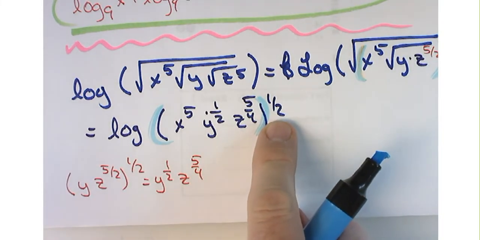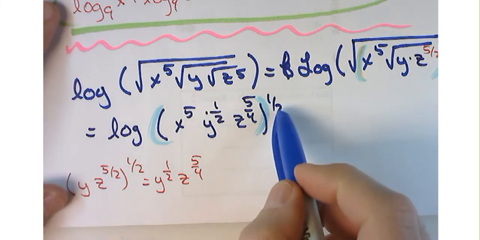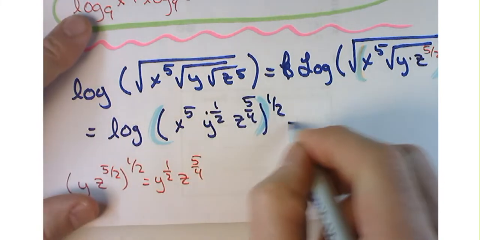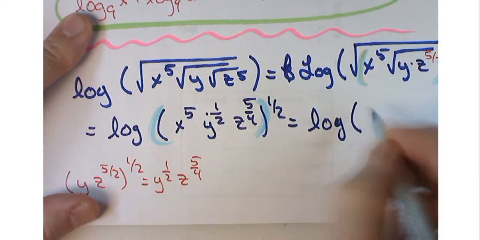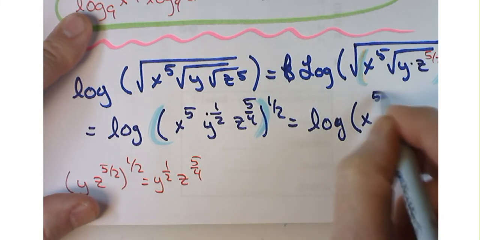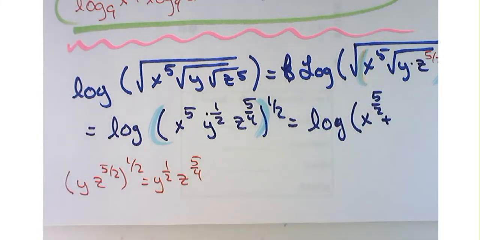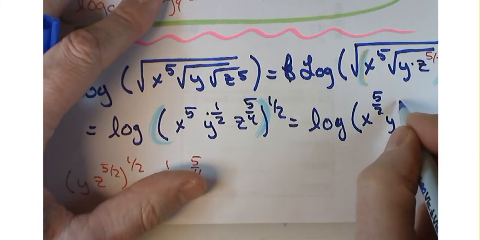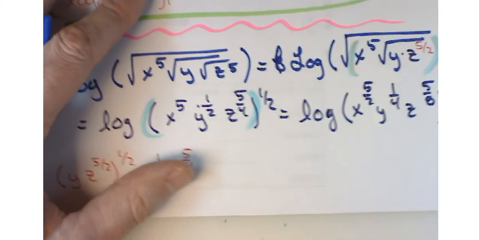So I've got one last little game to play with all of these. And that is take 1/2 times each of these exponents. So that's going to give me the log of x to the 5 halves, times y to the 1/4 and z to the 5/8. Whew.